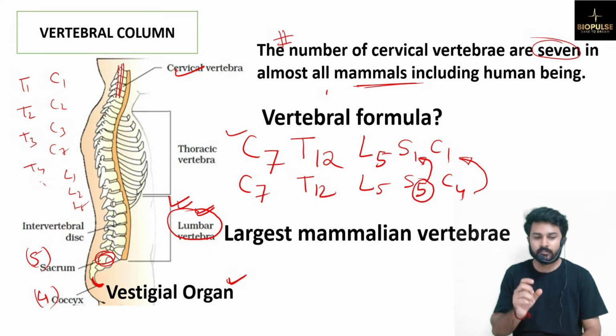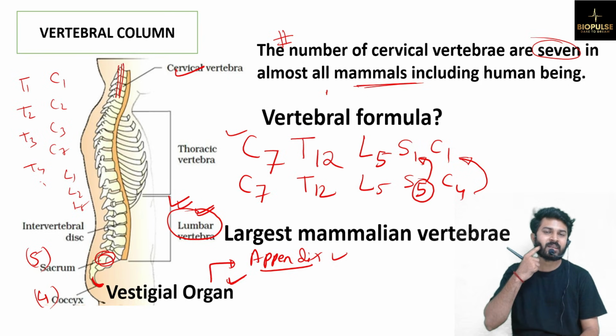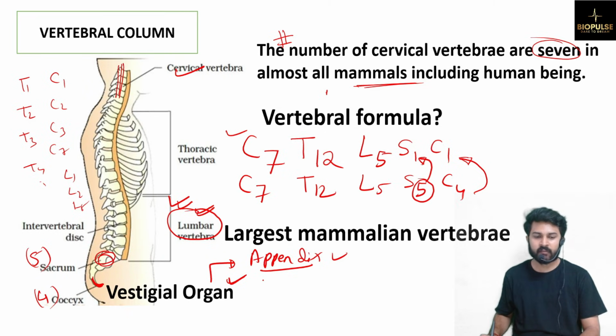So these kinds of organs are known as vestigial organs. Any other vestigial organ, if you know? Can anyone tell? Appendix. If you remove the appendix surgically, there is no significant impact. Third molar: you would have studied the dental formula 2123 by 2123. So that last 3, the third molar, also termed wisdom teeth, also comes under vestigial organs.